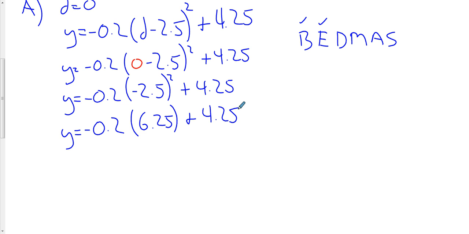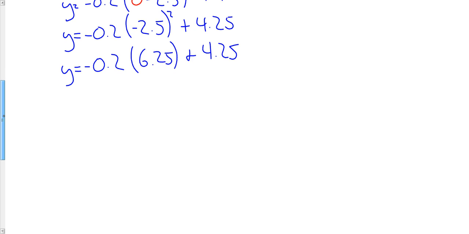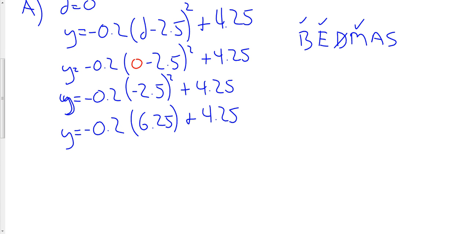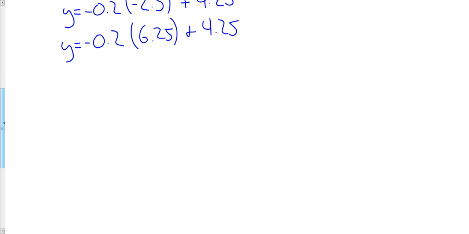So next, we need to deal with any division or multiplication. We have no division, but we do have multiplication. So we're going to do y is equal to negative 0.2 times 6.25.